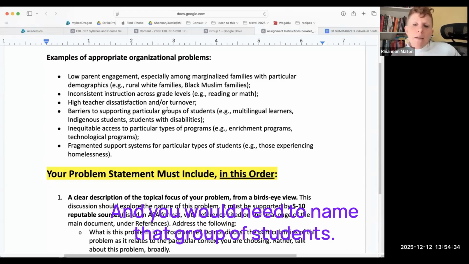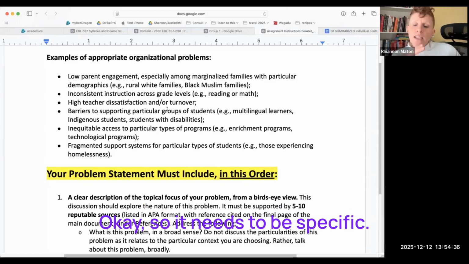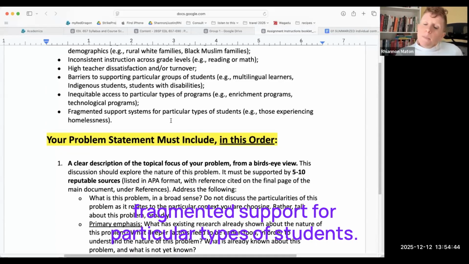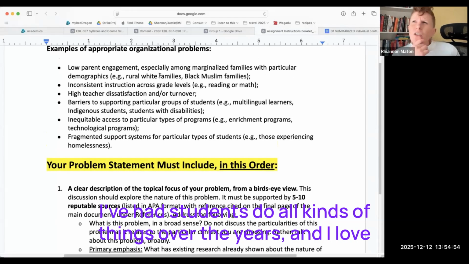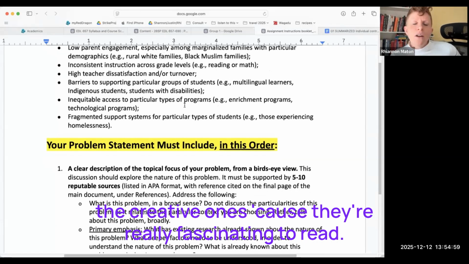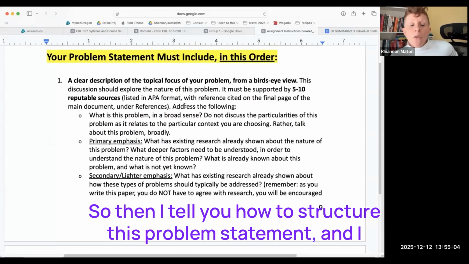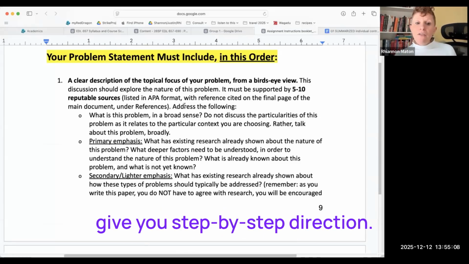And you would need to name that group of students. Okay. So it needs to be specific. So, inequitable access to particular types of programs, fragmented support for particular types of students. I've had students do all kinds of things over the years, and I love the creative ones because they're really fascinating to read.